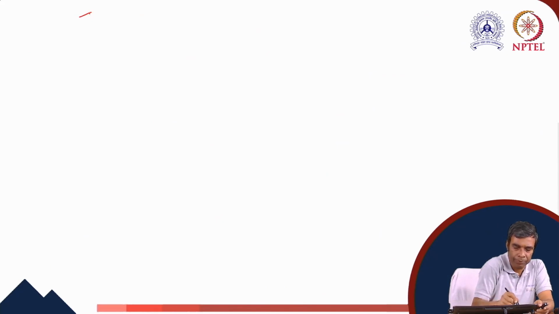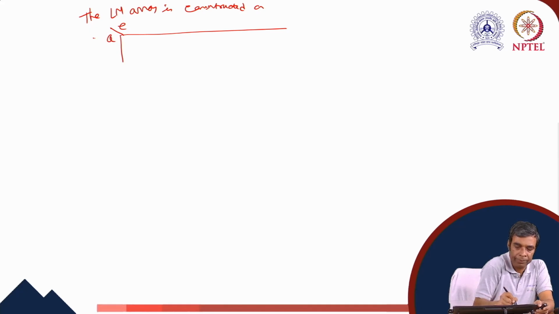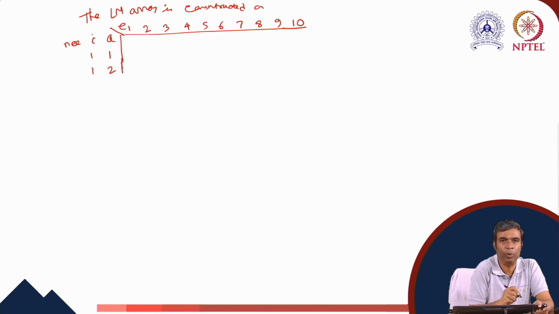So here the LM array is constructed as, here we have E, A, I, N, E. E is varying from 1 to 10. Our local nodes are 1 and 2. Our IDOF is 1. We have one equation per node.